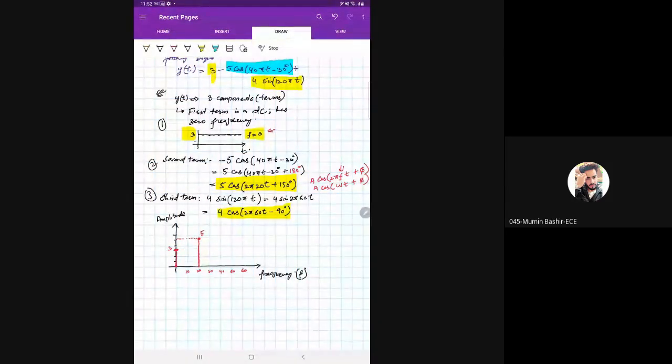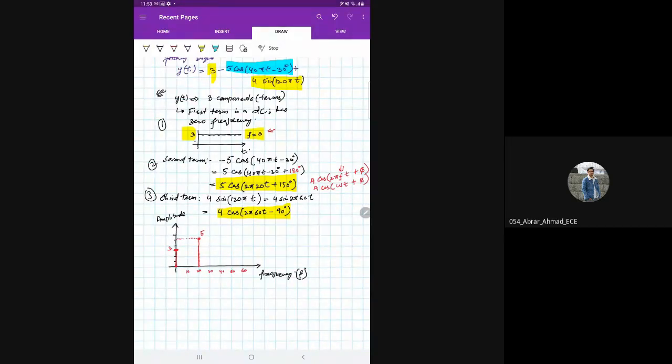To mark the third one, I will ask another student, maybe Abrar, 54. What is the frequency of the third component? The frequency is 60 and the amplitude is 4.